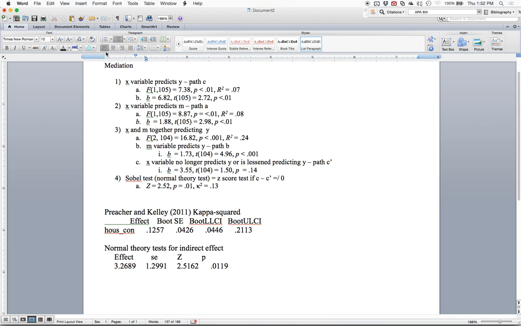So there's no like graph of this sort of analysis. It tends to be a depiction of the mediation relationship with those path coefficients, so the B values on the picture. But you'll want to label them as path A, B, C, and C prime, because that's the traditional nomenclature in this type of analysis. So that concludes mediation analyses using process and SPSS.